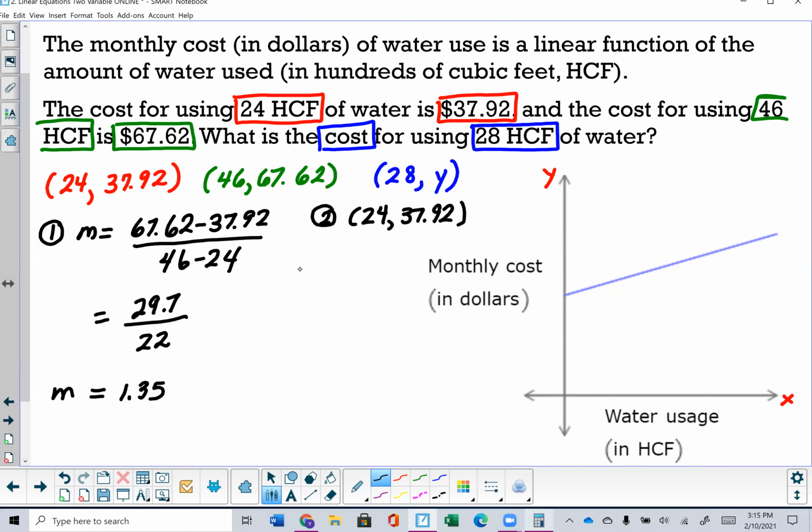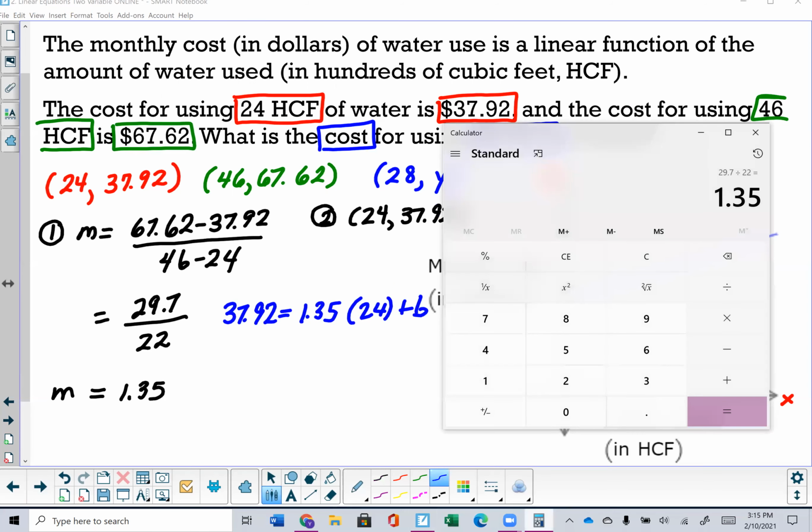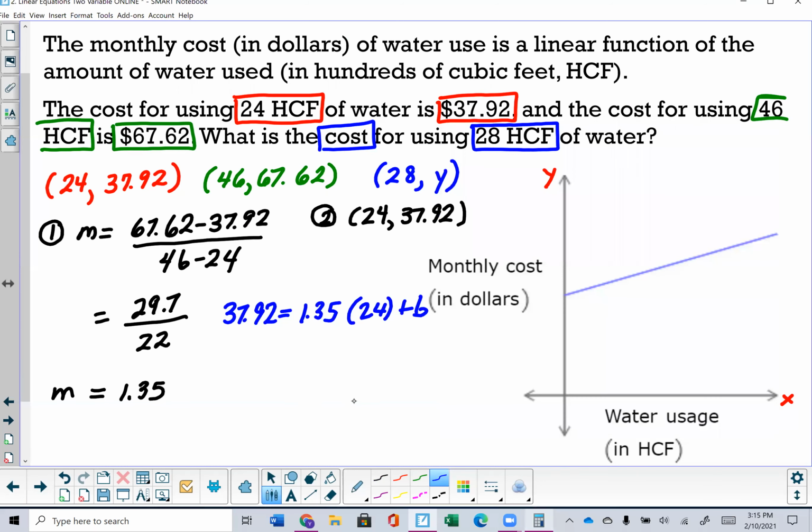So we have y is 37.92 equals 1.35, and we're going to multiply that to 24 and then plus b. Okay, so 1.35 times 24, we get 32.4 plus b.